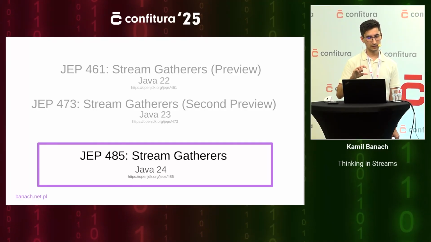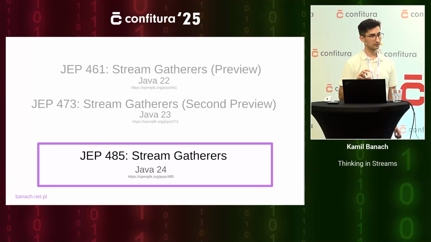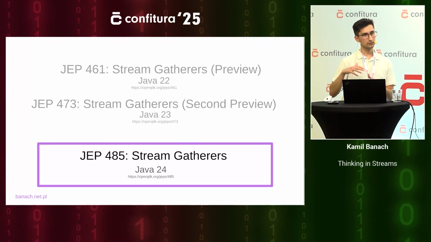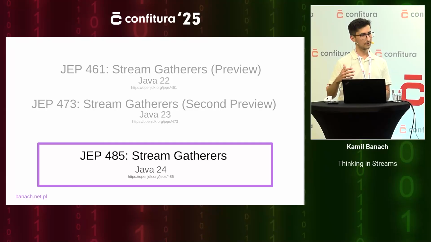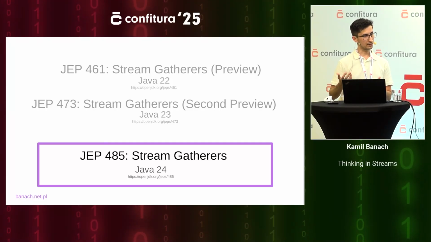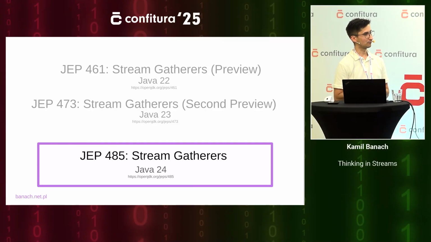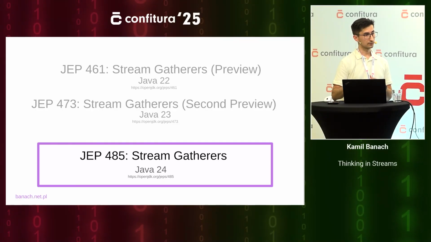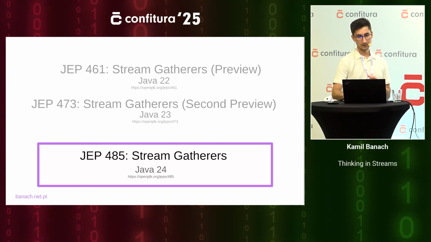The version from Java 24 and 22 and 23 is not changed. It's the same API, same code, and so on. It was only previewed three times to make sure that it gathers proper feedback, and in the end it works pretty well. And what are these stream gatherers giving us?